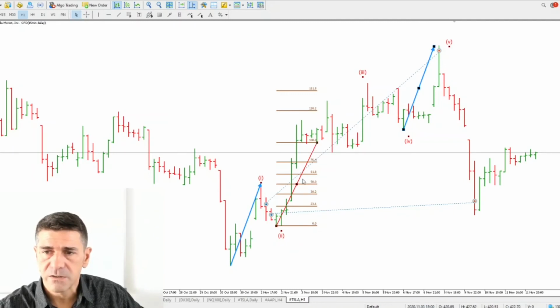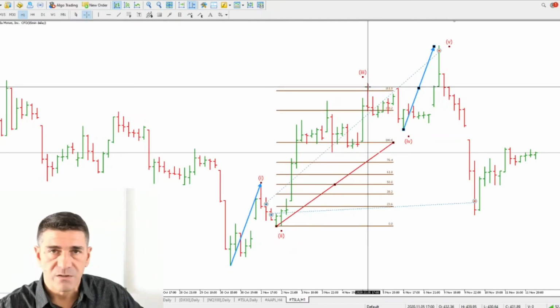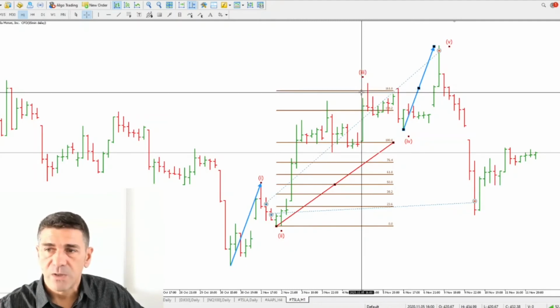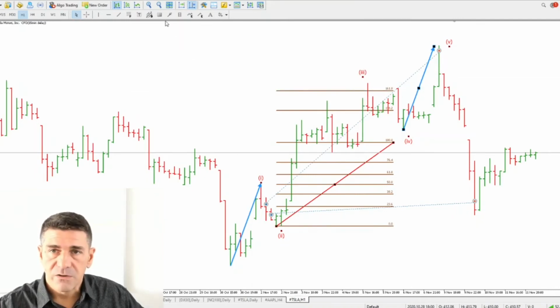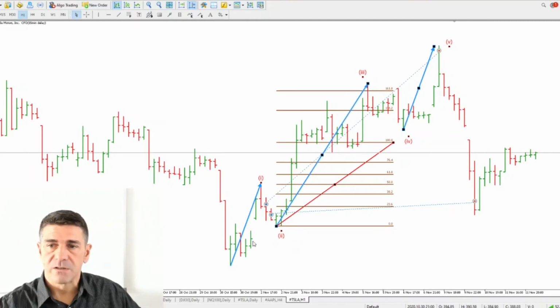You see right here, here is the top. So the third wave was a little bit above this 1.618 Fibonacci extension, and here is the third wave right here. First wave, third wave, and fifth wave.